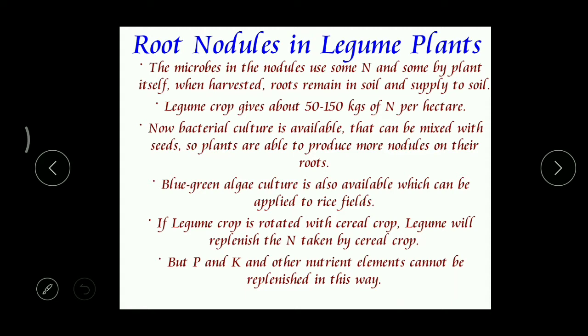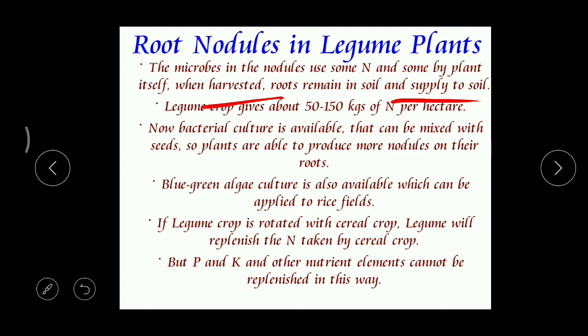But when the crop is harvested, harvested means it is cut down, then the root system will still be present inside the soil. Got it? So over the roots we can find the root nodules, and from the plant and also from the root nodules, whatever nitrogen we can find in them, all this nitrogen will be supplied to the soil. Got it?